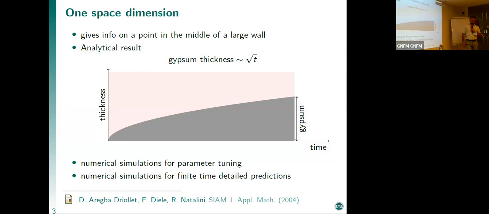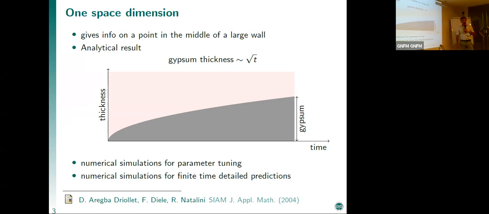And these are the terms that will typically contain second order space derivatives. Before resorting to numerical simulations, you can make an analysis of the system. For example, you can derive results like the fact that the evolution of the thickness of the crust goes like the square root of t, which Roberto talked about. And this is already very important information.